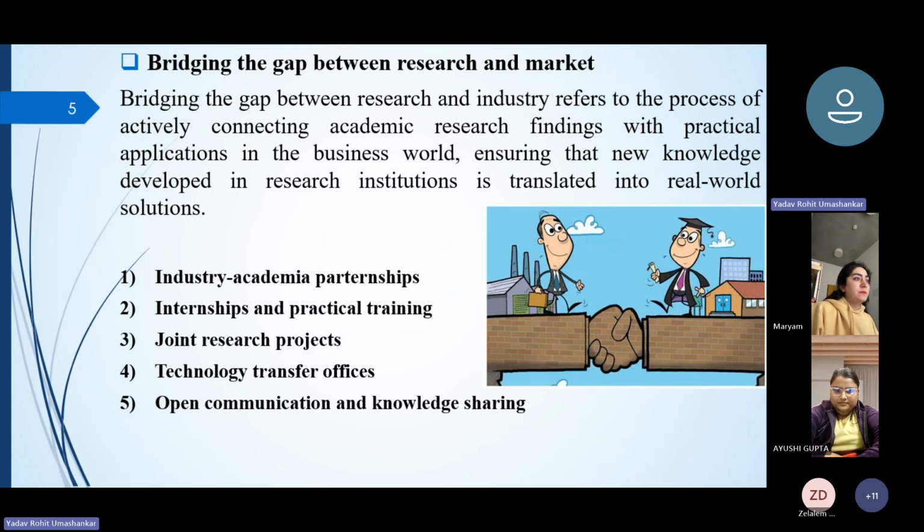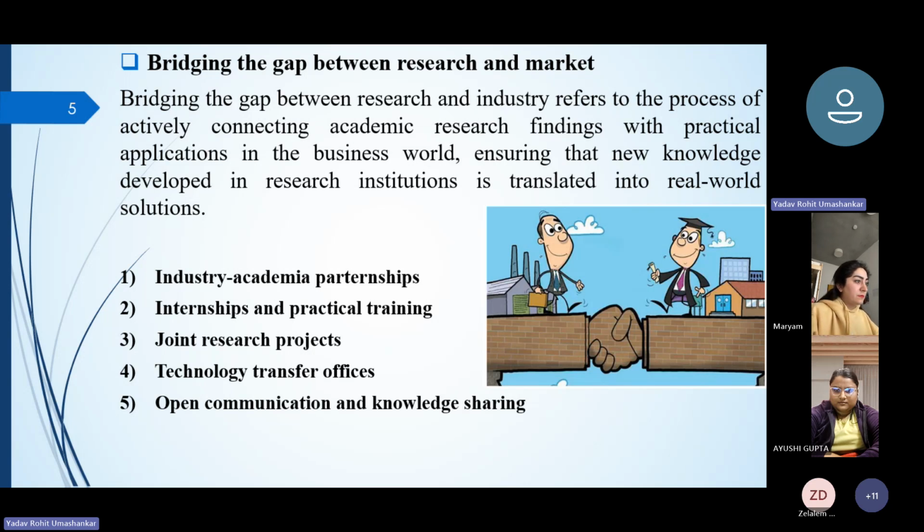There should be some procedure or method that needs to be followed to bridge this gap between research and industry. So what is the purpose of this?